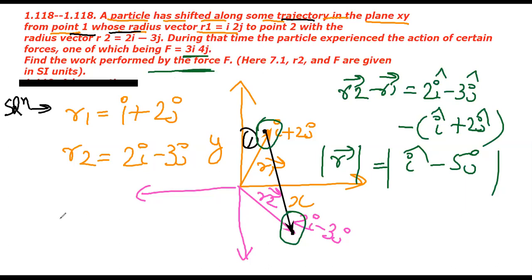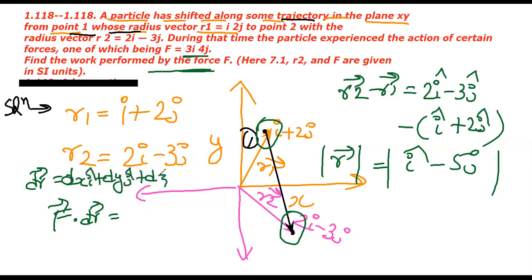So we know that work is F dot dr. And dr is basically dx i cap plus dy j cap plus dz k cap. So let me take a new slide here. F dot dr is equal to, what was at the back side?